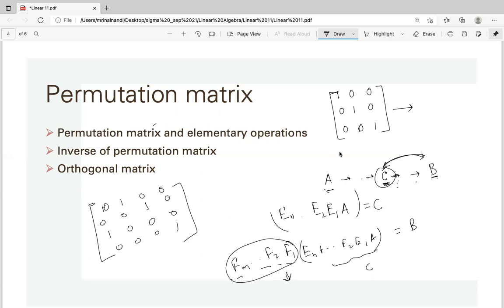Now the idea is these are all orthogonal, because orthogonal matrices have determinant 1 or minus 1. So what is orthogonal? A transpose A equal to identity. If we apply only that special type of row operation, only interchanging of two rows, then you will get an orthogonal matrix.